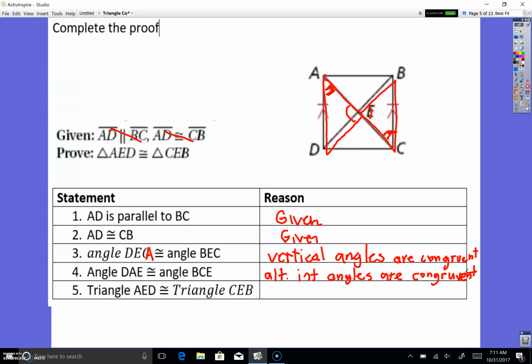Now I can say triangle AED is congruent to triangle CEB because here I have angle, angle, side. Angle, angle, side. This is the conclusion of part 1. I will continue later with part 2.